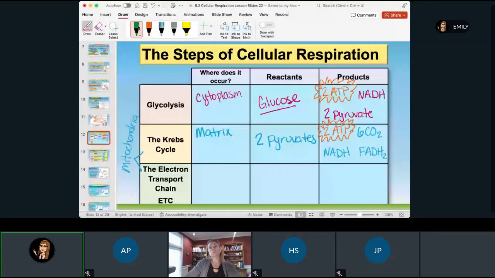Good, the inner membrane. So the inner membrane. Good.